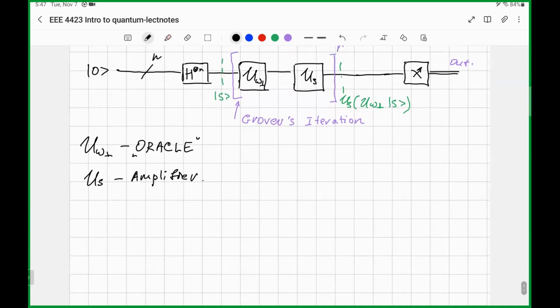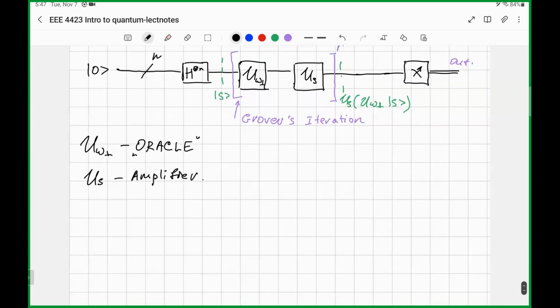Yeah, so as I said, the amplifier is pretty much the same for any search, for any algorithm, but the oracle is to be designed specifically for searching some particular elements.